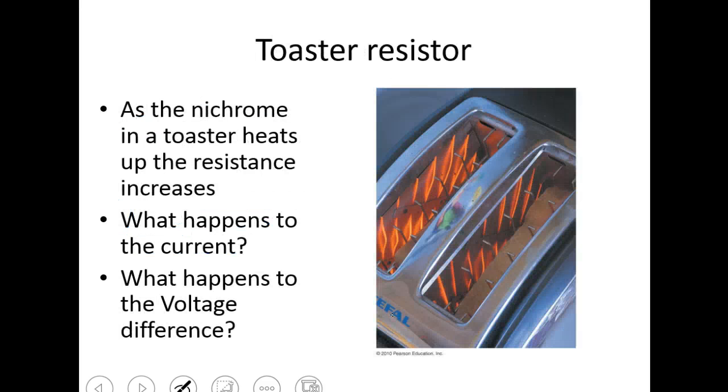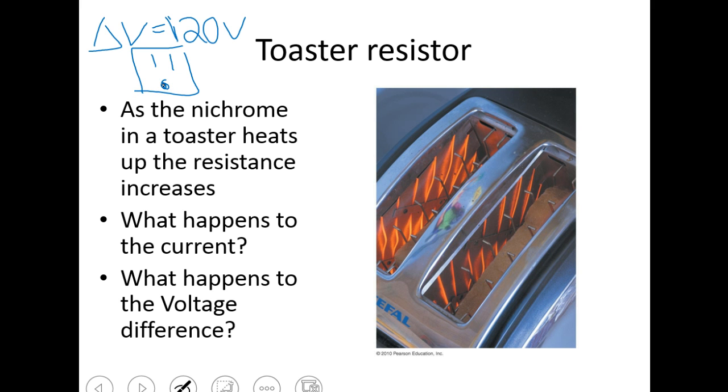I'm not gonna go too far beyond that, because what we're working towards is our household devices. And so for our household devices, the voltage difference is 120 volts. That's what comes out of your wall every single time, right? So out of your home device, you get 120 volts.